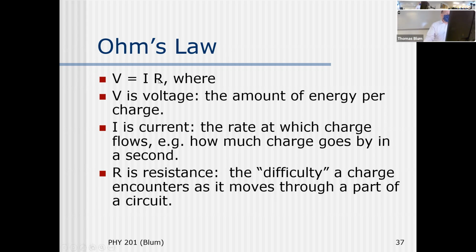If I have a big resistance, I will get a little current for my voltage. If I have a small resistance, I will get a big current for my voltage. So it tells me how difficult it is, and in turn how much current I'll get out of my battery.